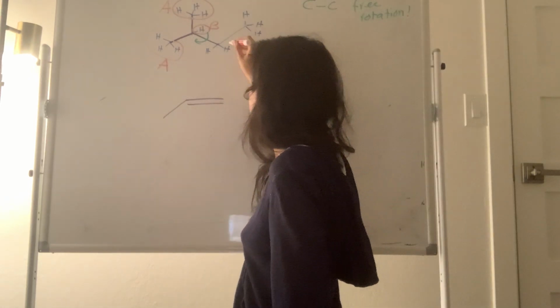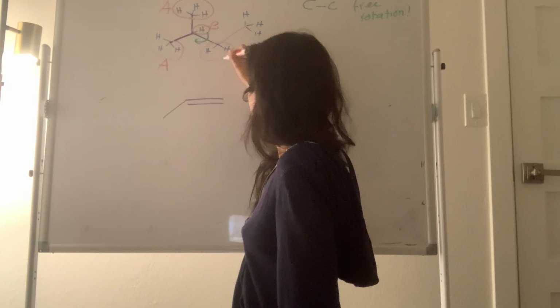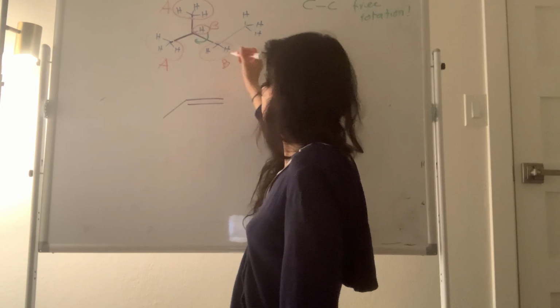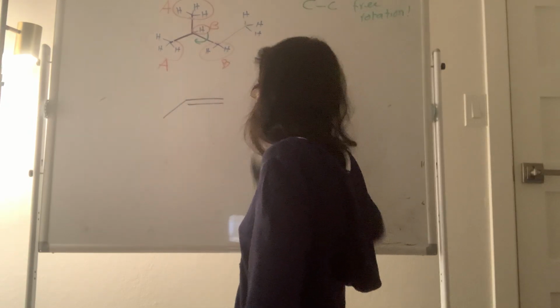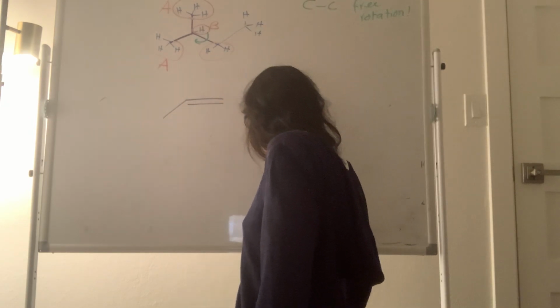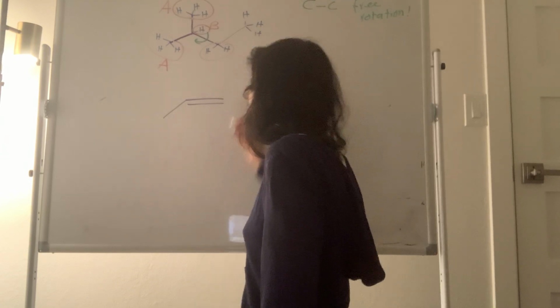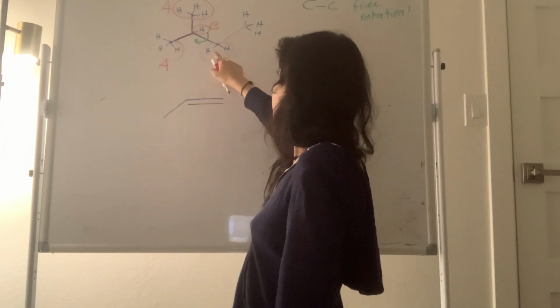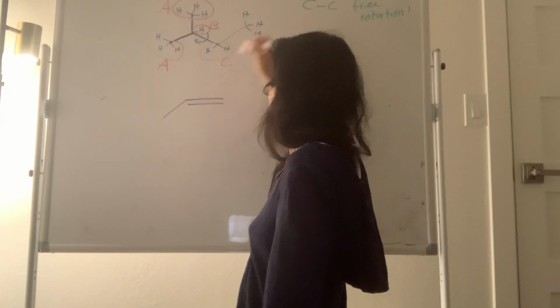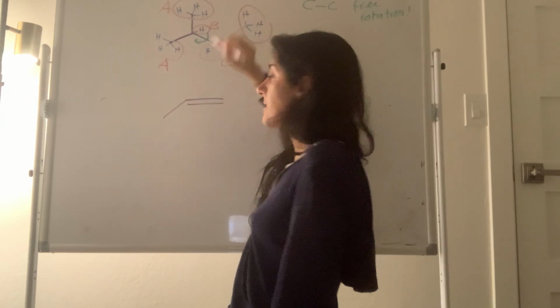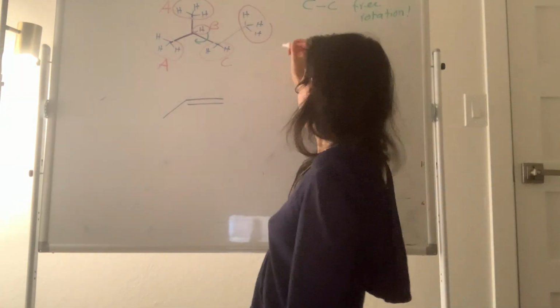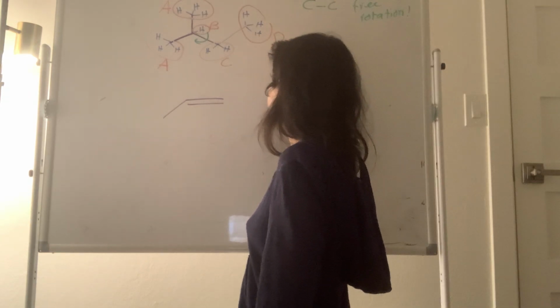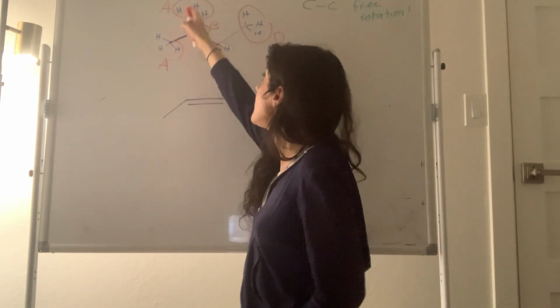So hopefully you agree that these are equivalent to each other, and then that one is another unique set. How about this one right here? These CH2s for sure are a unique set because they're attached to a CH and CH3. Now how about this one? Is this a unique set? Yeah, this one is definitely a unique set. It's different than these two.